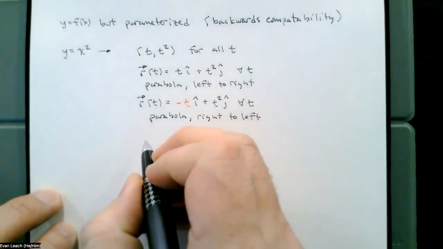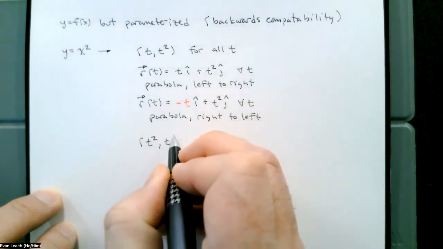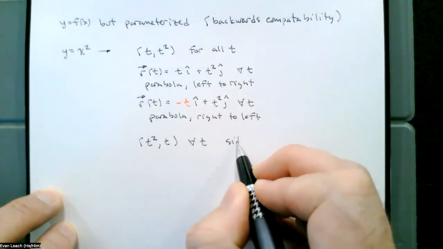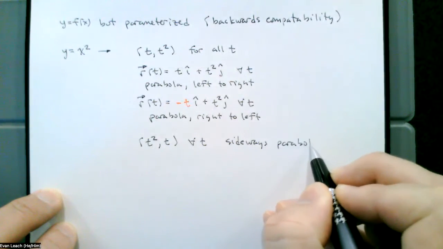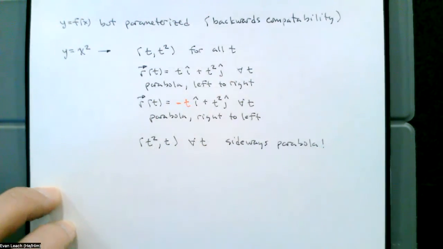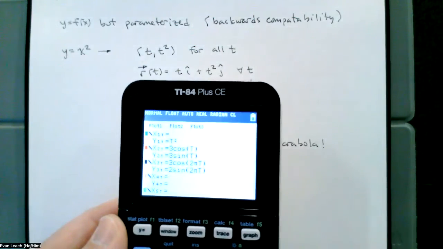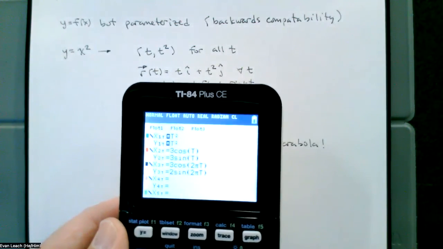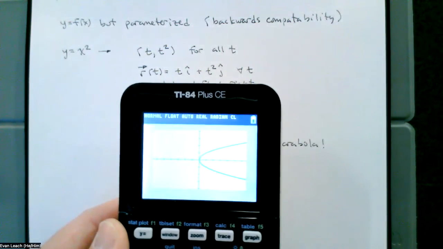So if I wanted to do that, if I switch my t squared and t, we can get our parabola to open left or right. So if I make x the t squared and y equal to t, now I'm getting a parabola opening left to right.